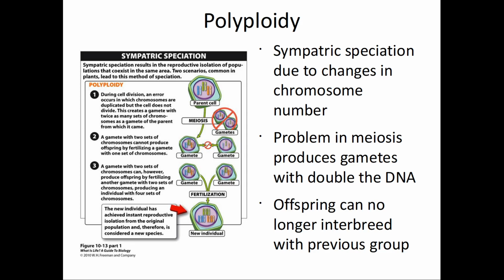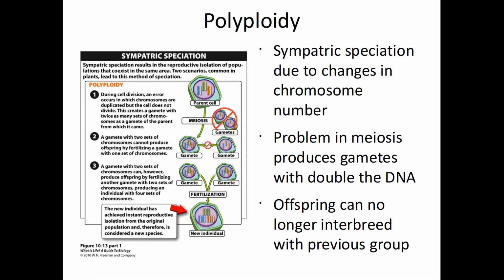If you remember, meiosis is where we go through the process of making egg and sperm, or gametes, and we don't have the correct divvying up of chromosomes, and one cell ends up with more chromosomes than it's supposed to have. What this tends to result in is that offspring can't reproduce.